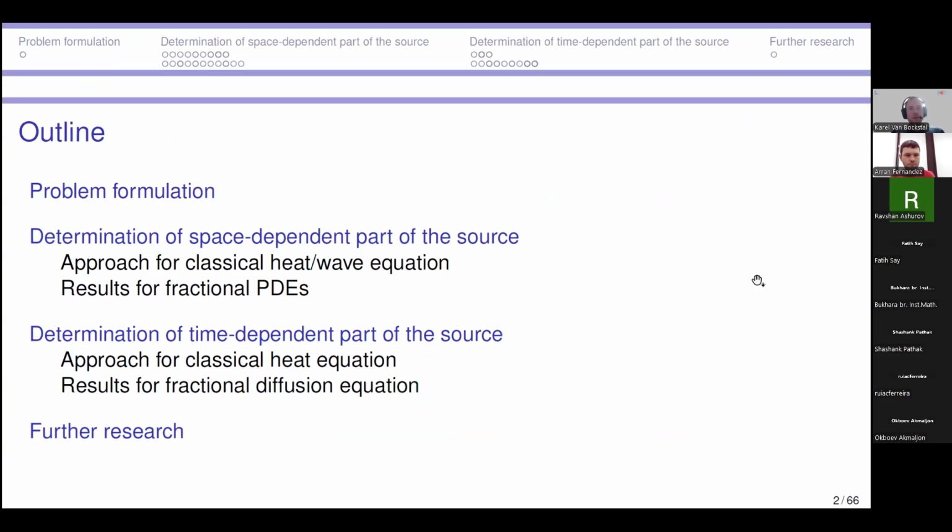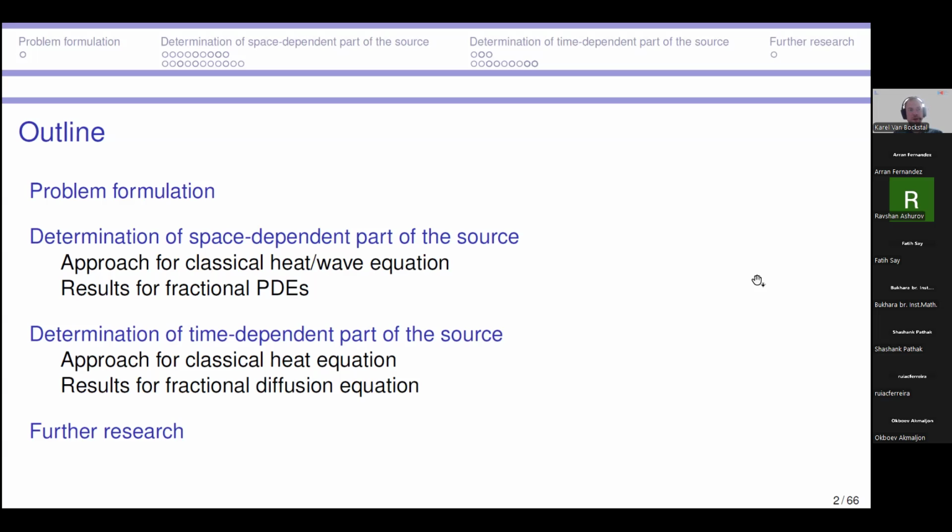So what I would like to do today is also to give an introduction for the classical heat and wave equations concerning the inverse source problems. In the first part of the presentation, we'll look at determining the space-dependent part of the source. What I will present will mainly concern the uniqueness of the solution to the inverse problem.